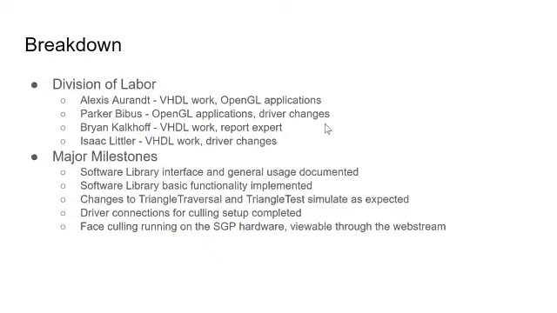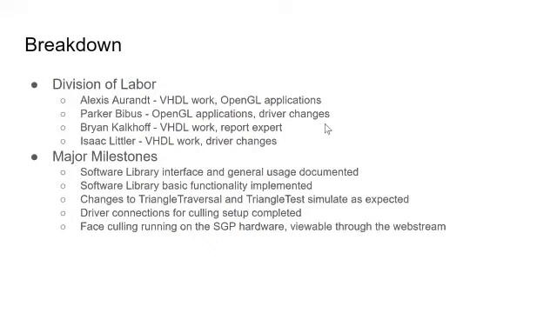So basic milestones. The first one for the software library is having a documented way that we expect the library to interact with the program. So figuring out what the prototypes might be and what data gets passed in, and then actually implementing that as the second major milestone for the software library.